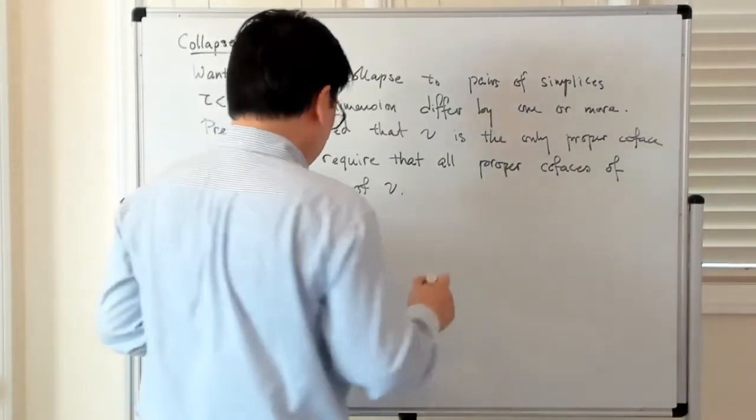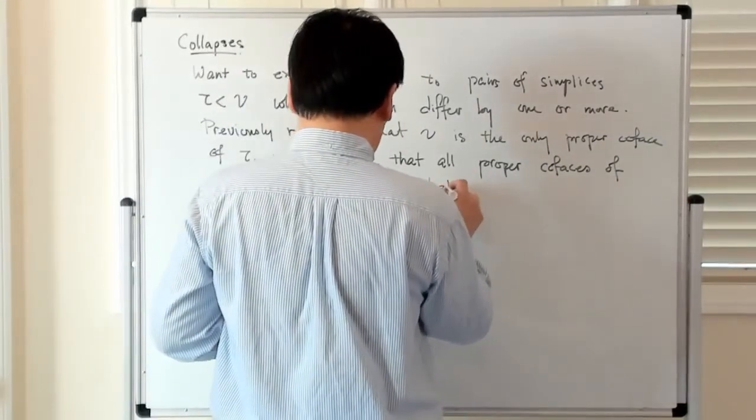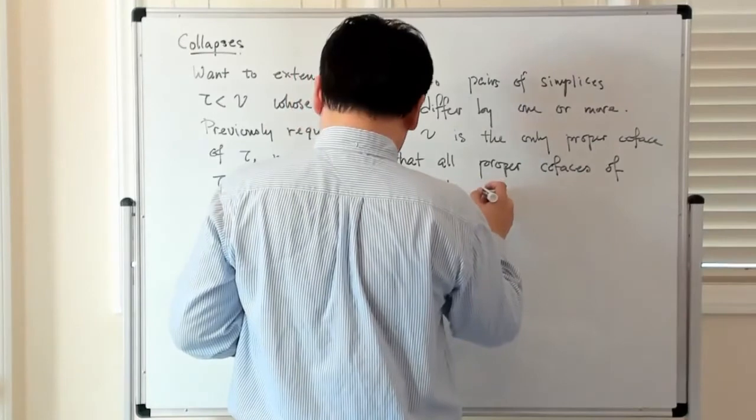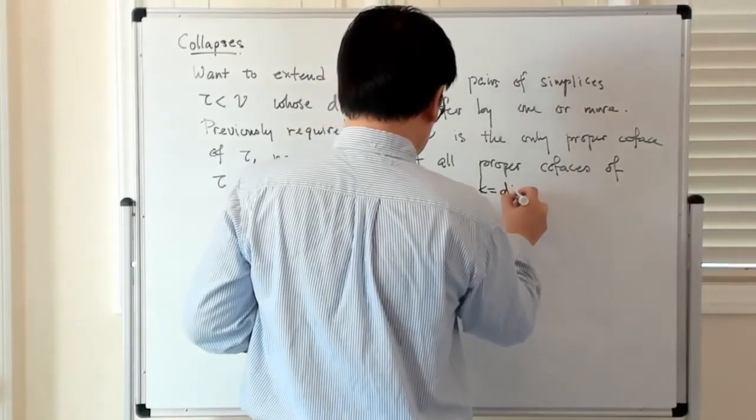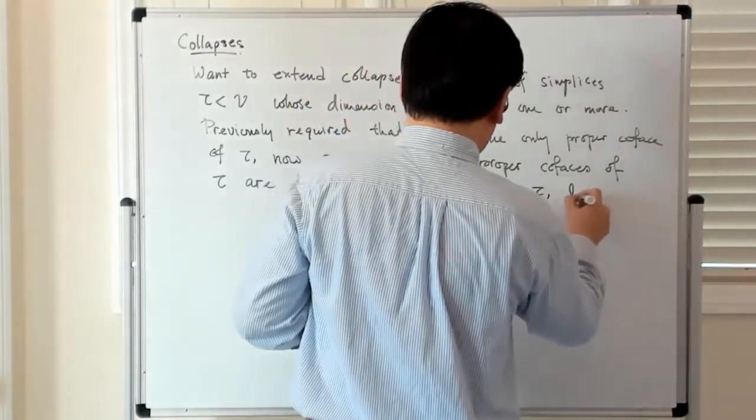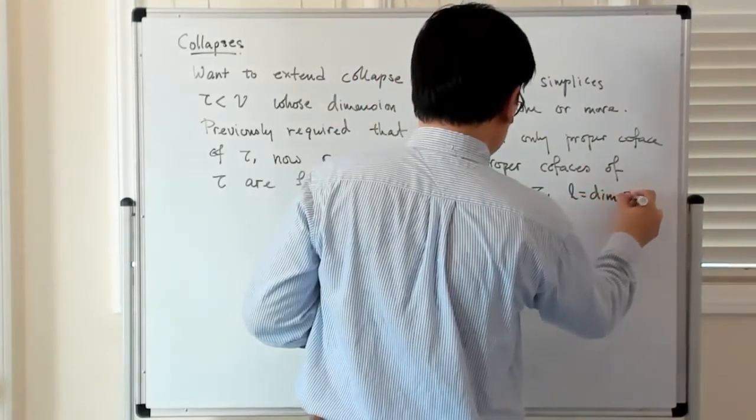So let's say that the dimension of tau is k, and let L be the dimension of nu.